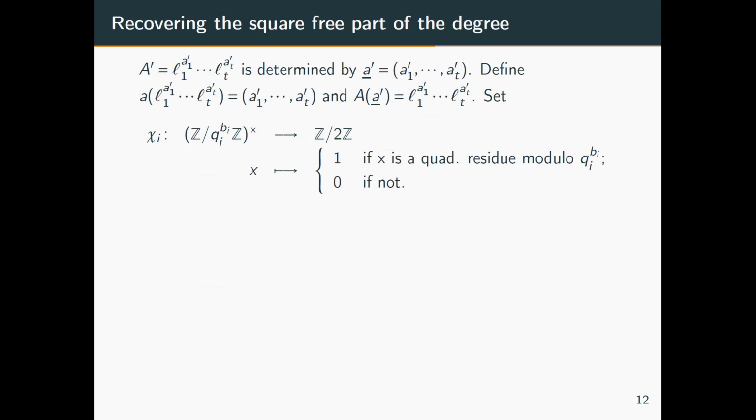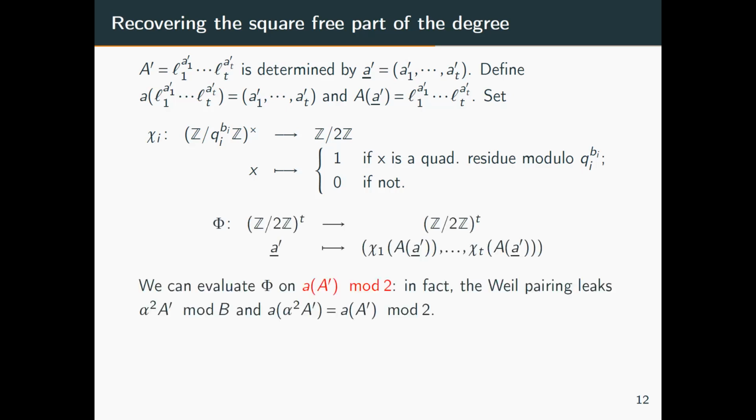Then you can look at this character, which just tells you if an element is a square modulo Qi to the Bi, note that Qi to the Bi are the prime power factors of B, Bob's isogeny degree. With this, you can define this map phi that goes from Z over 2Z to the T, and that just tells you if the integer whose coefficients are A prime is a square modulo each Qi to the Bi or not.